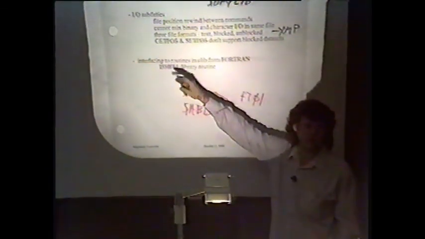Interfacing to routines in C library from Fortran, sometimes done. In particular, there's an iShell entry point that does that for you to make the system call, which executes things at the shell level.